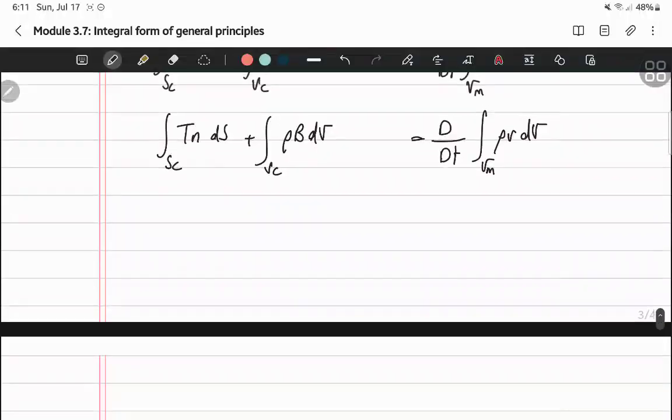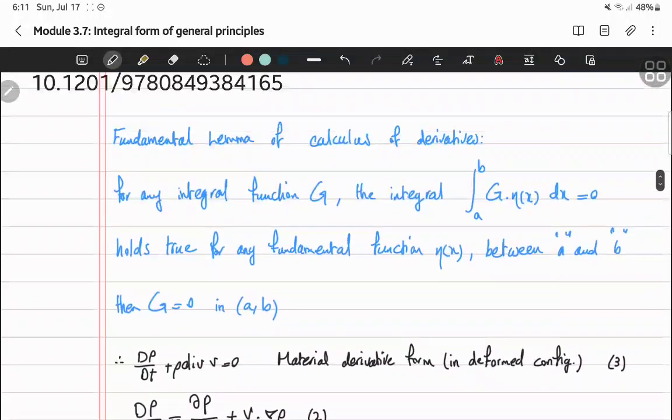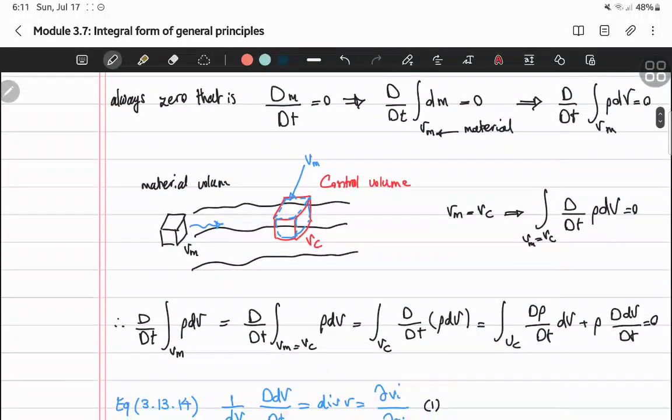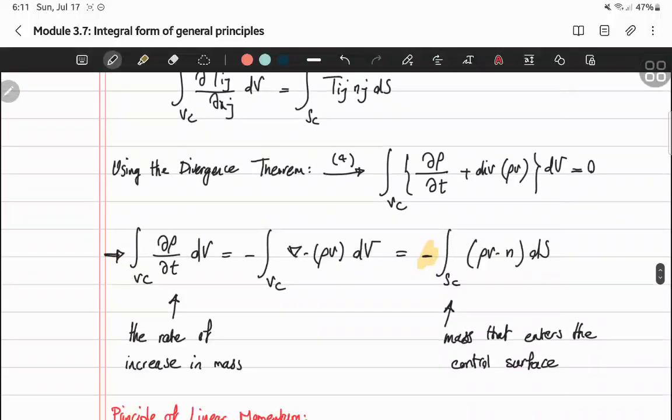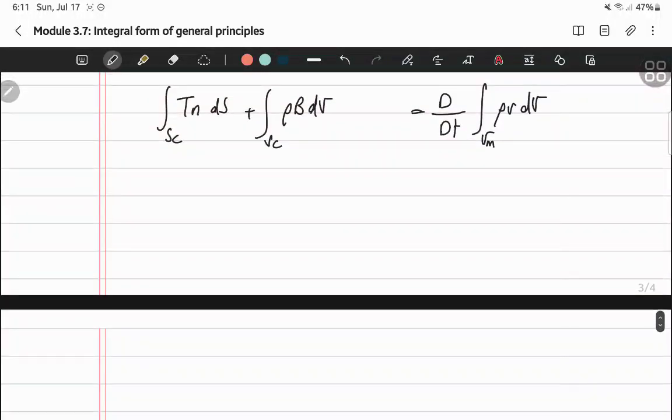So when our fixed part of the material coincides with our control volume at that instance of time, so when Vm is equal to Vc, we can take this material derivative inside the integral.